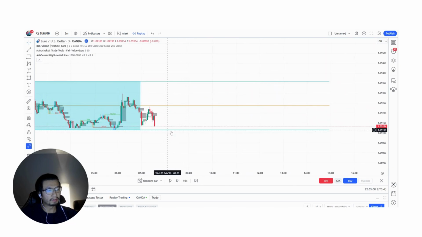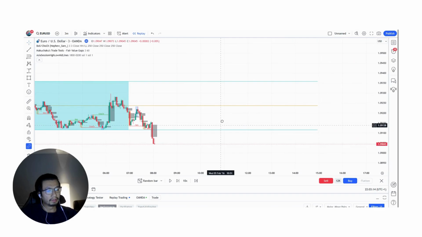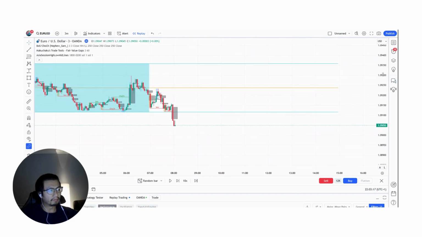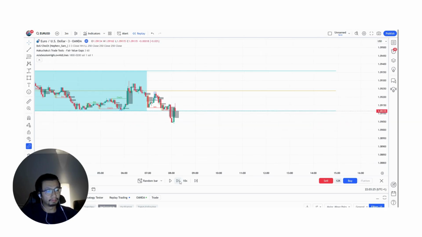I want to see either the low being taken and also the high being taken. Low's taken, starting to go away from the Asia range. My best guess for now, it might just hug around the Asia low. Who knows?